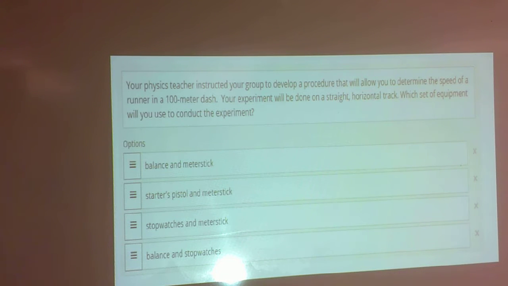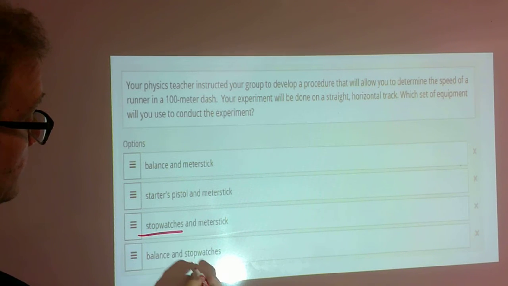The procedure and the development of a procedure for doing the speed of a runner. Well, first of all, you're only going to have to focus on the ones that are part of the experiment. We have to figure out the speed. How do you figure out the speed?